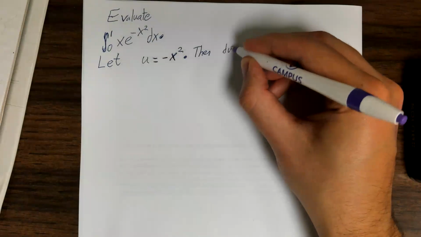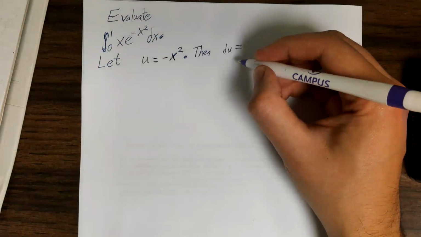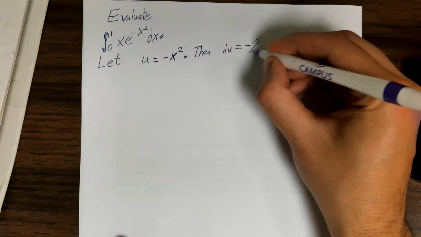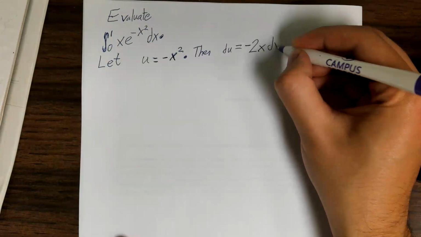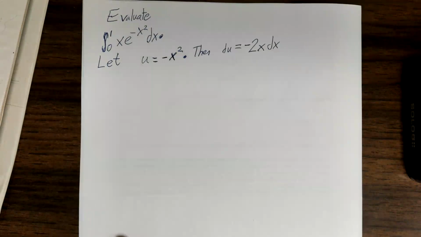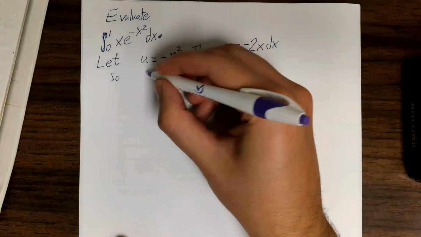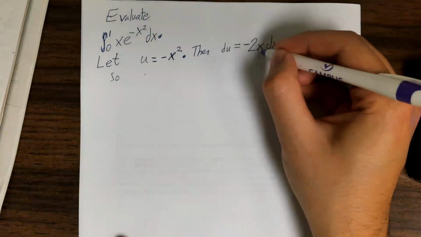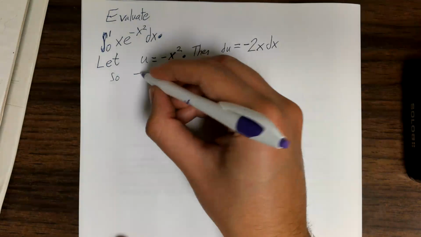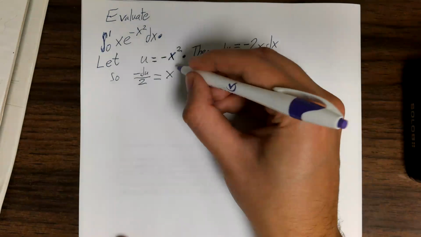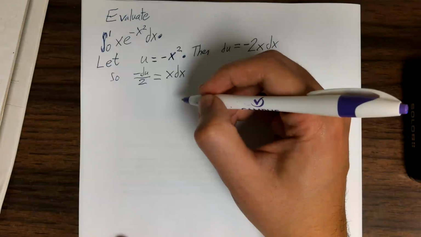So if I let negative x squared be u, then the differential of u is going to be a negative 2x dx. So once more, divide by a negative 2, and I have a negative du over 2 equaling x dx.